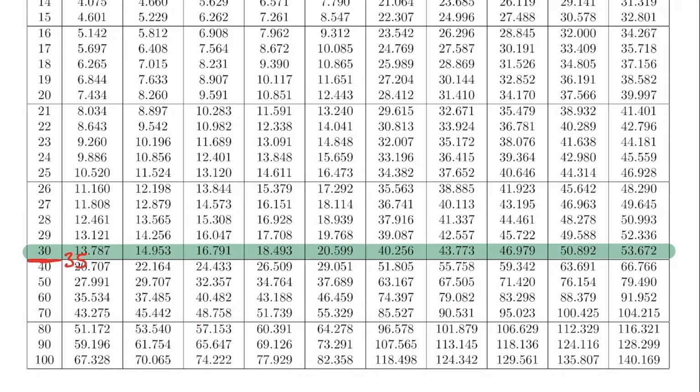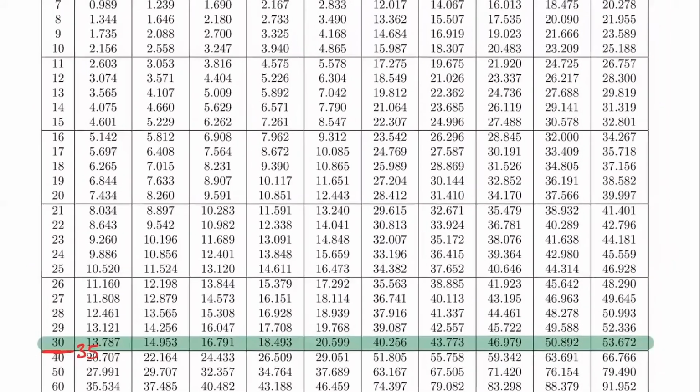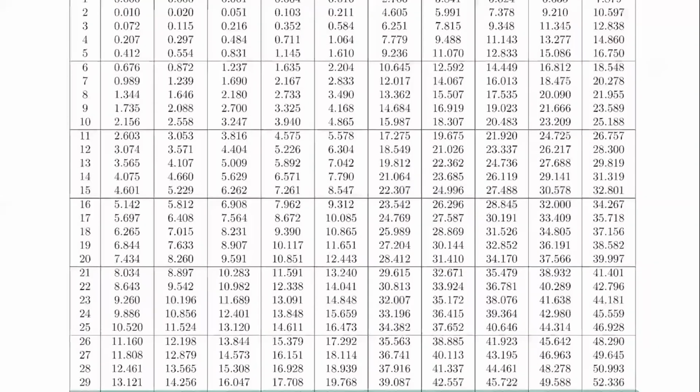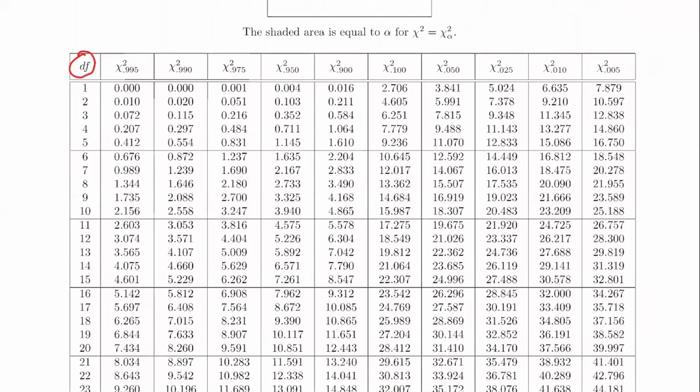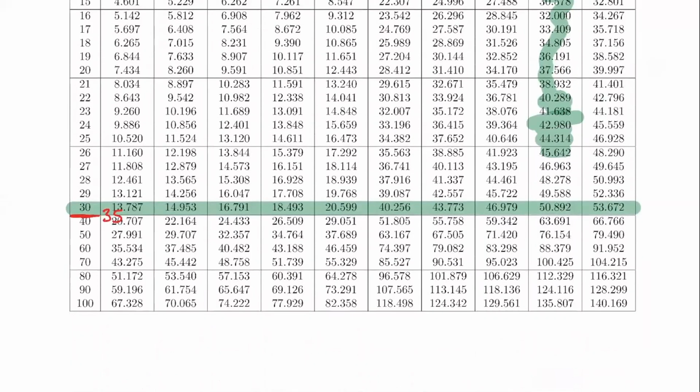All right, right now we're good with degrees of freedom of 30. If we remember correctly, we need chi-square of 0.01, so that's all the way over here. I'm actually going to have to go pretty far down. Oops, cross it out.